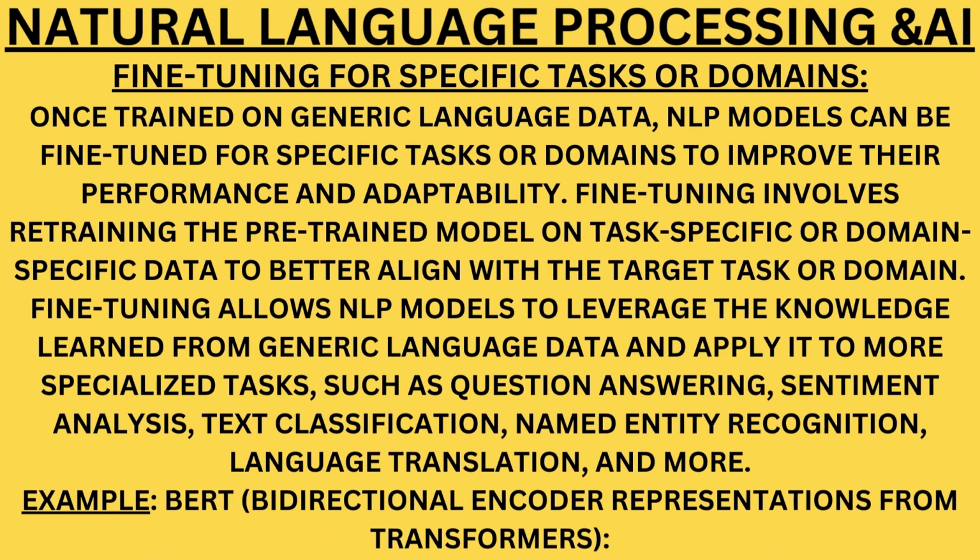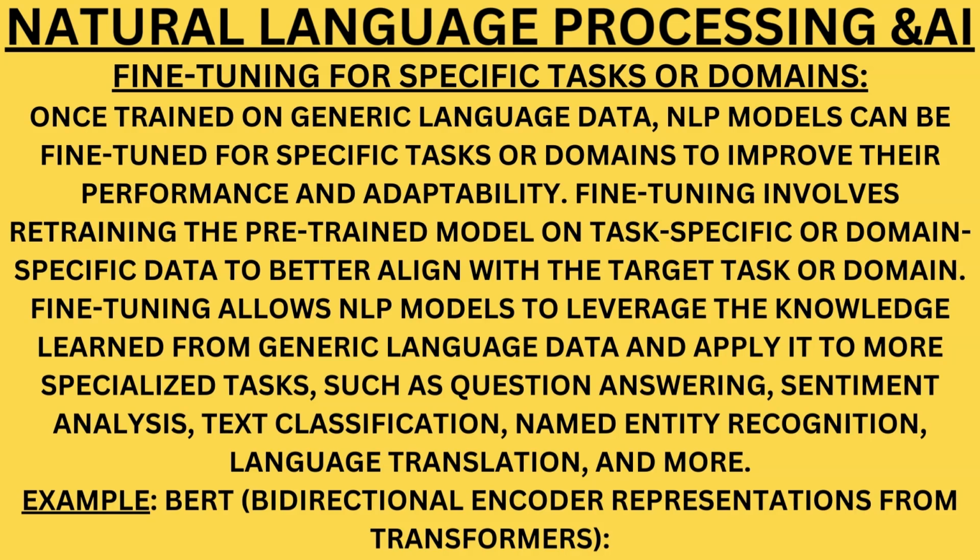Fine-tuning for specific tasks or domains. Once trained on generic language data, natural language processing models can be fine-tuned for specific tasks or domains to improve their performance and adaptability. Fine-tuning involves retraining the pre-trained model on task-specific or domain-specific data to better align with the target task or domain.